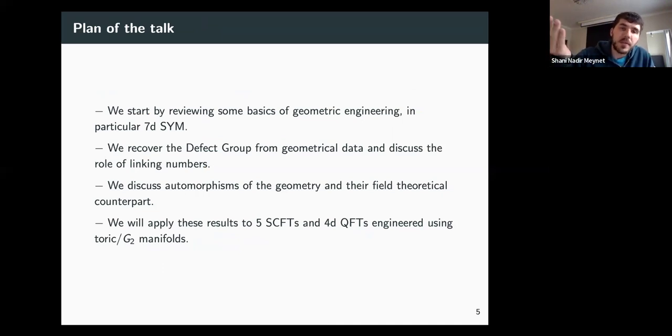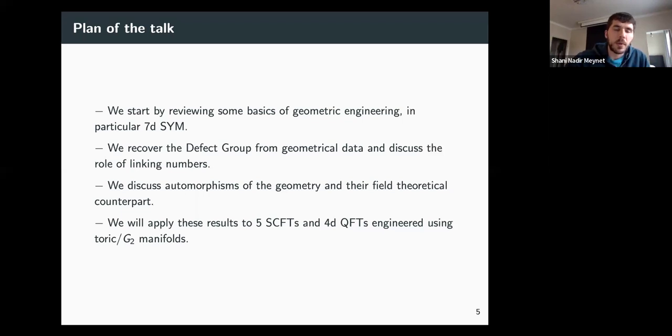First of all, I will start with 7D super Yang-Mills, engineered in M-theory on some twofold singularities. This theory will represent a sort of toy model in which everything can be done very explicitly and everything can be shown step by step, making all the ingredients that I will use clear.